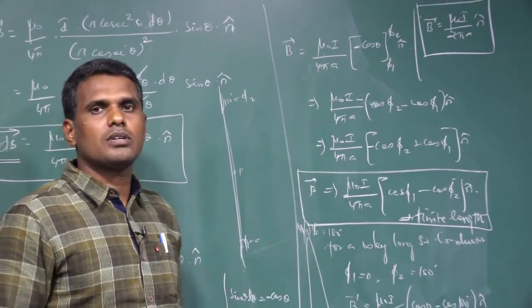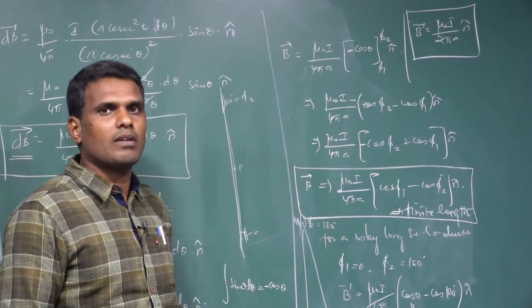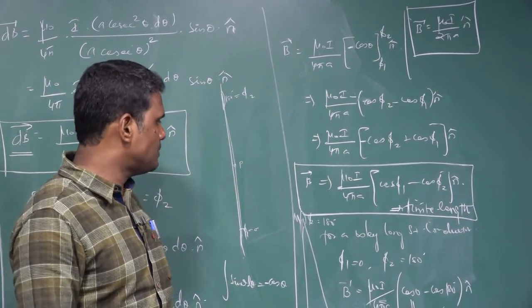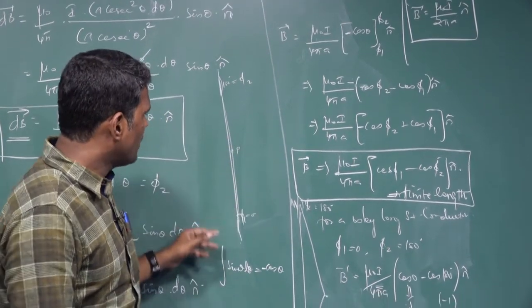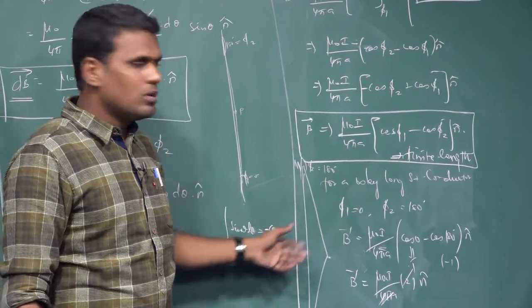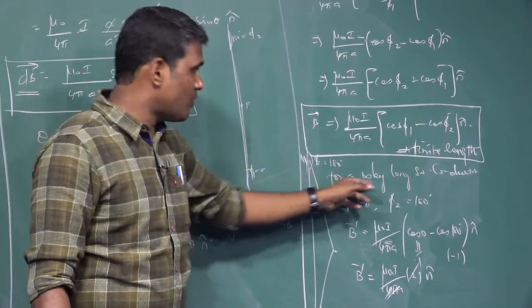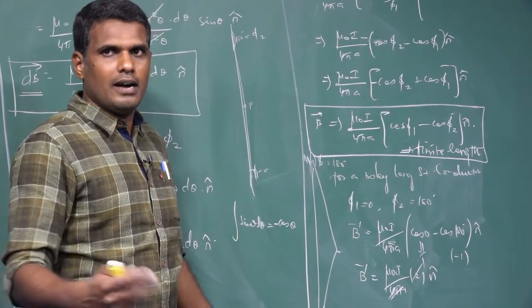N cap, as you know, is the unit vector acting perpendicular to the plane containing the I dl vector and r vector. As I told you, phi1 equals 0 and phi2 equals 180 degrees when you consider it for an infinitely long straight conductor. Idea is simple.